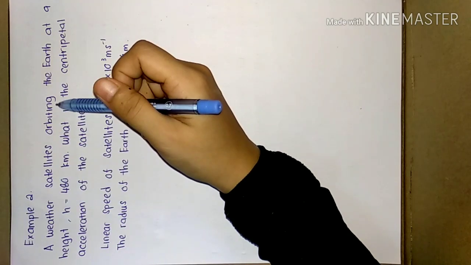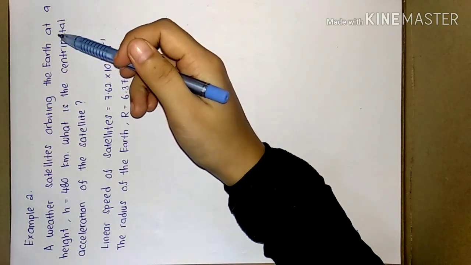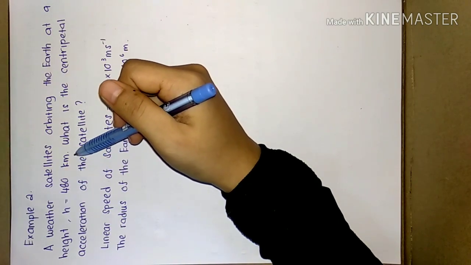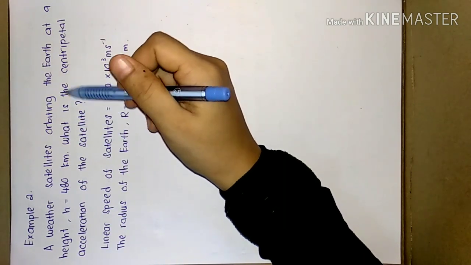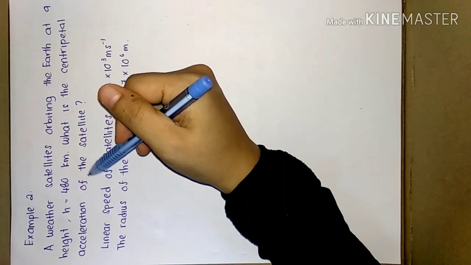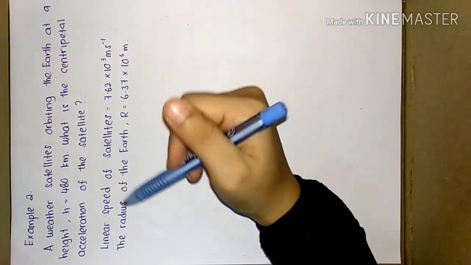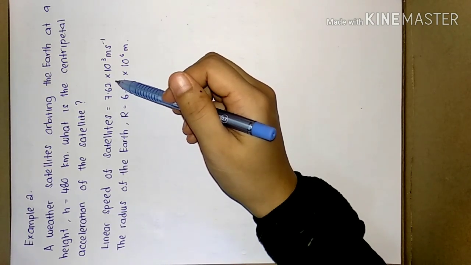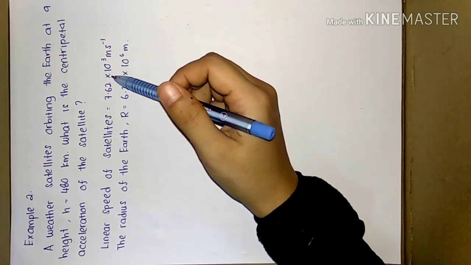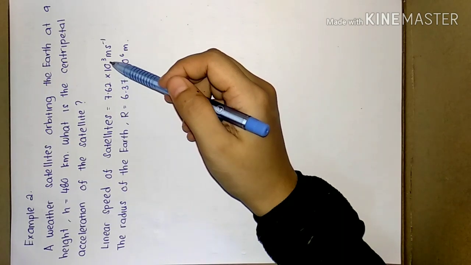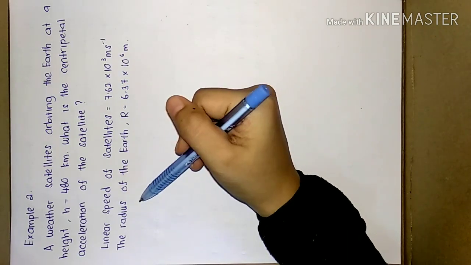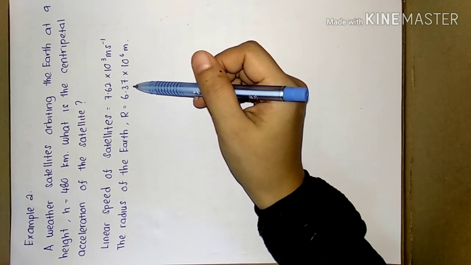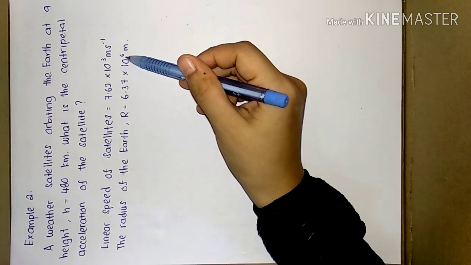A satellite is orbiting the Earth at a height of 480 kilometer. What is the centripetal acceleration of the satellite? It's given that the linear speed of the satellite is 7.62 times 10 to the power of 3 meter per second, and the radius of the Earth is 6.37 times 10 to the power of 6.